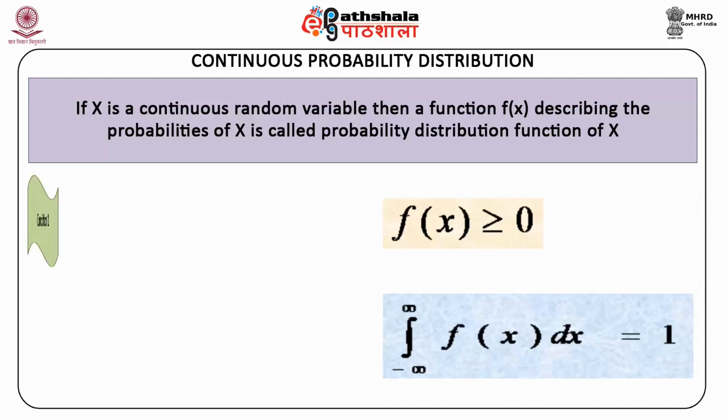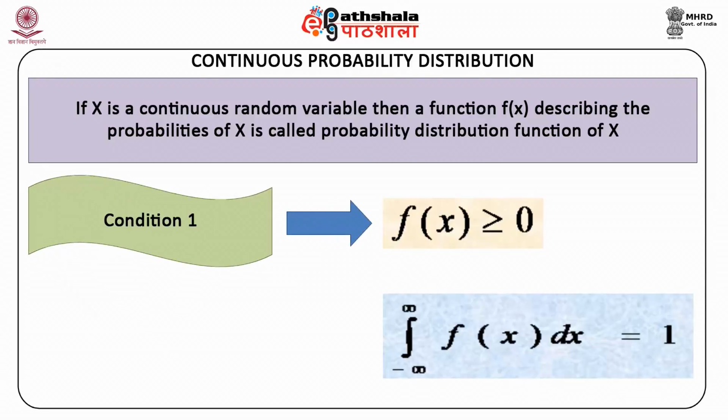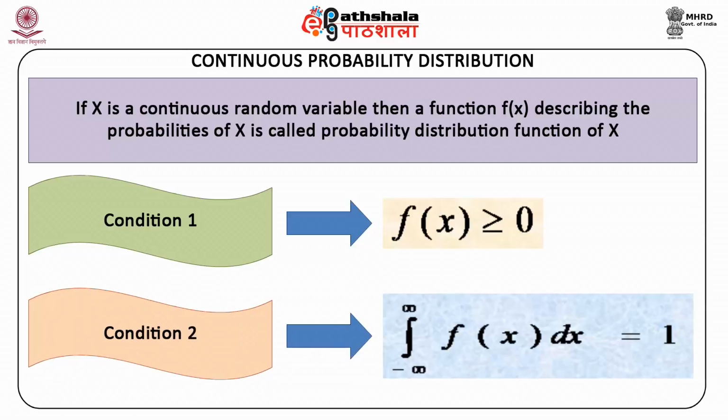The first of these two conditions states that for f(x) to be probability density, it must have non-negative values throughout the range of x. The second condition requires that the sum of the probability elements f(x) over the entire range of x is 1.